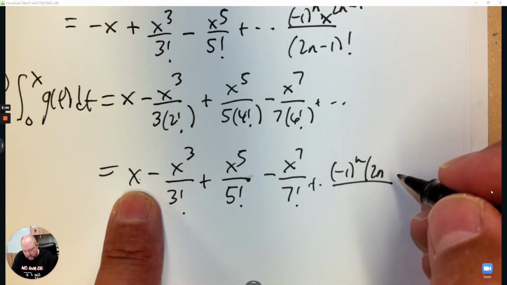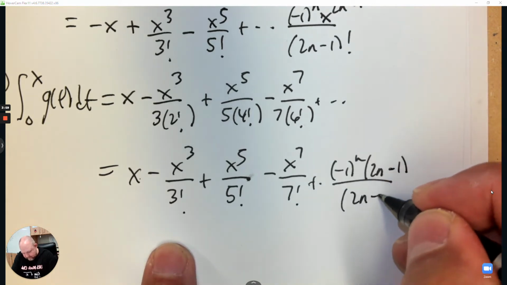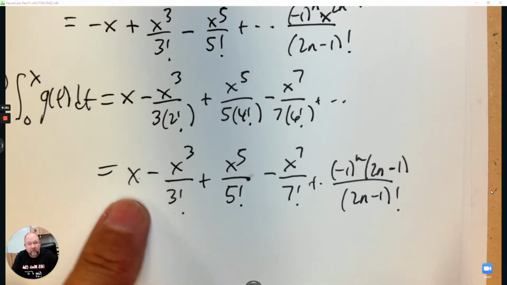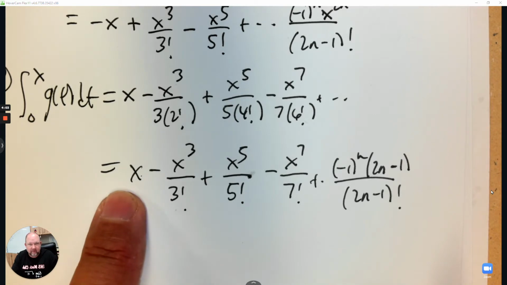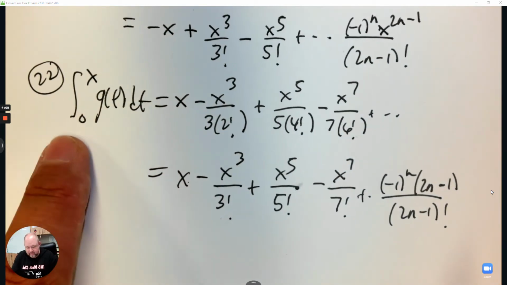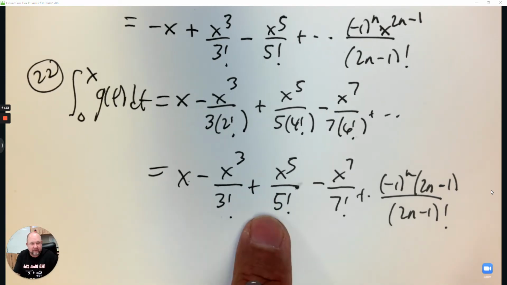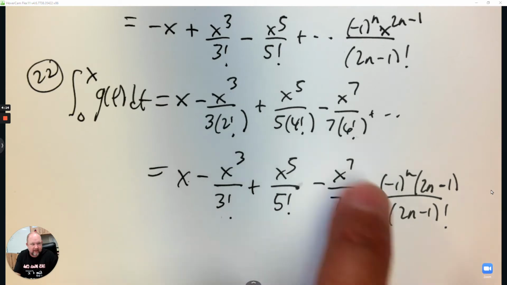If I plug in 1, you have that, right? And then you have 1 factorial, 3 factorial, and so on. It works. So the first term, the second term, the third term, and it matches, right? Perfect.